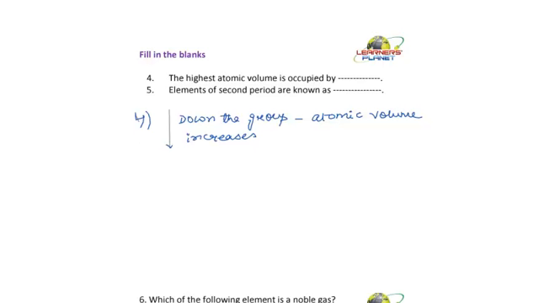So the highest volume will be occupied by the first group, last element. What are the first group elements? They are lithium, sodium, potassium, rubidium, cesium, right? And francium. So which will have the highest volume? Francium.